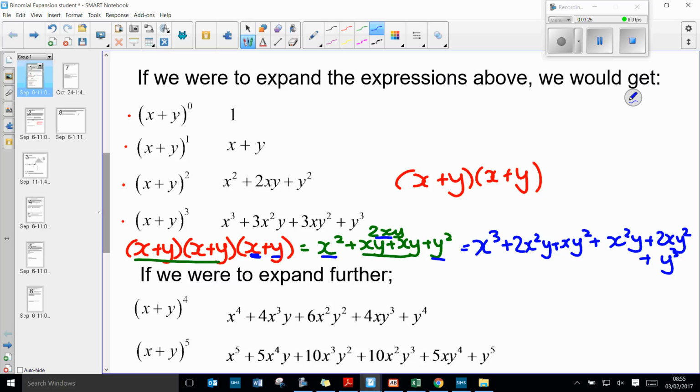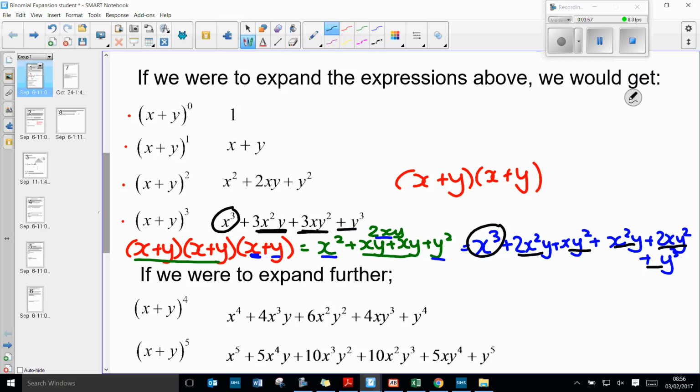And then obviously I would simplify like terms, or join like terms. So I've got 2xy squared here, and then x squared y here, which gives me my 3x squared y here. Sorry, I should have started with this one. So my x cubed is here. My 3x squared y we've talked about. I've then got xy squared and 2xy squared, which gives me this one, and my y cubed.